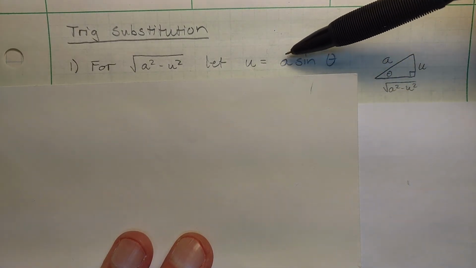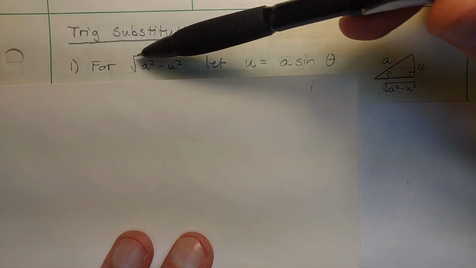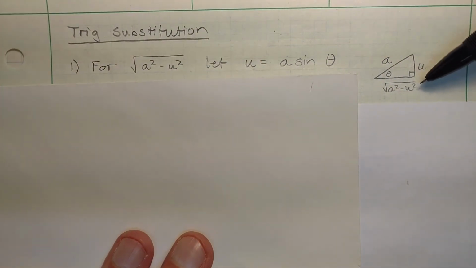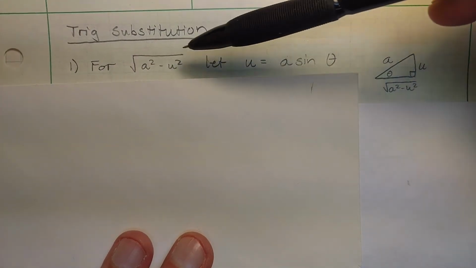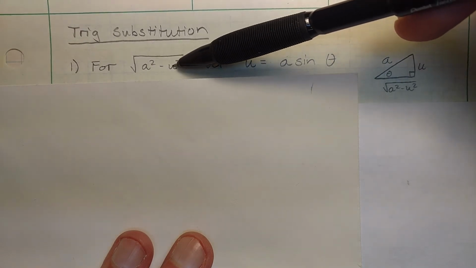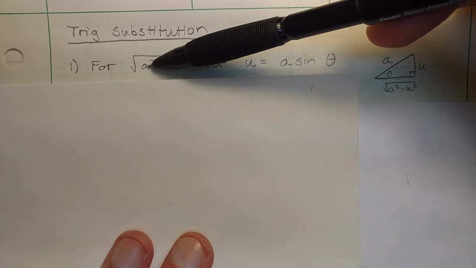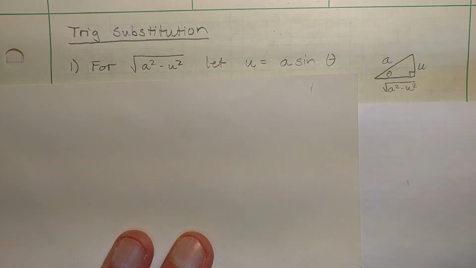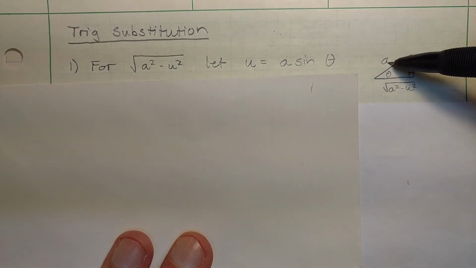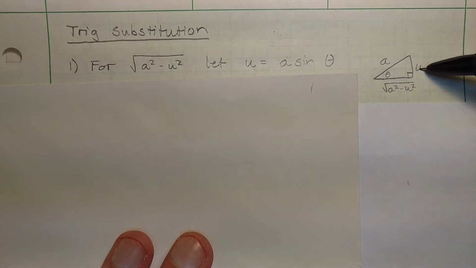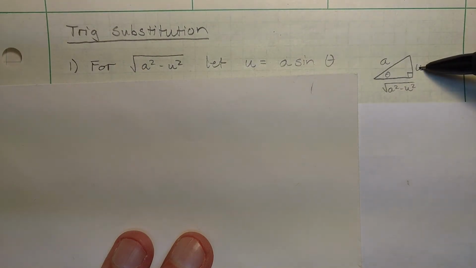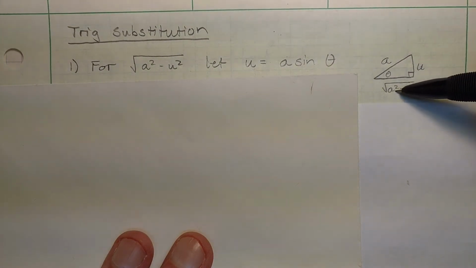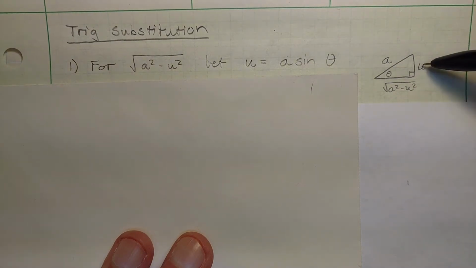You recognize, based on the Pythagorean theorem, that if you have these two sides, a and u, notice this one is minus this one, so this a has to be the hypotenuse, because that's where you'd subtract. So if you call the hypotenuse a, you generally will always call the variable the opposite side u. It would actually work if you called it the other way, but it's better if you let this be the u.